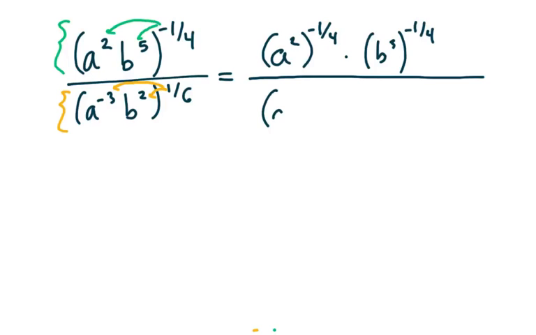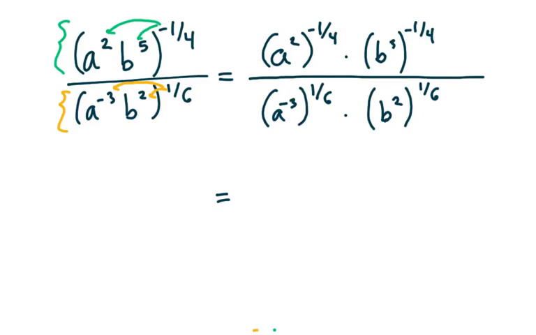That means I'll have a to the negative 3 being raised to the power of 1/6, and then I'll have b squared being raised to the power of 1/6. So although it maybe looks a little worse right now, we're going to clean up for a bit and see what we have.